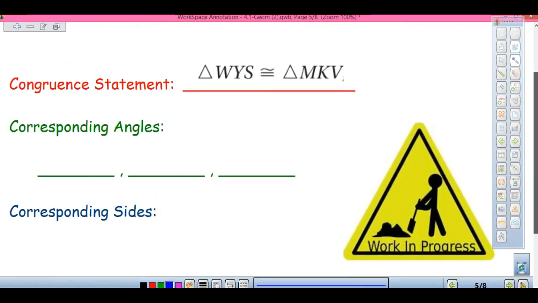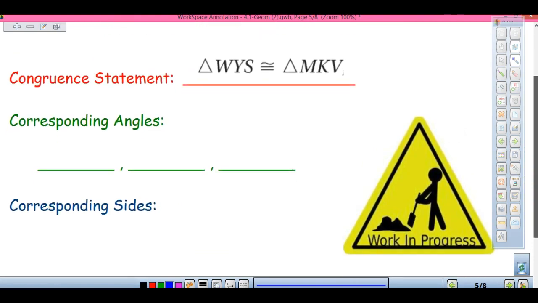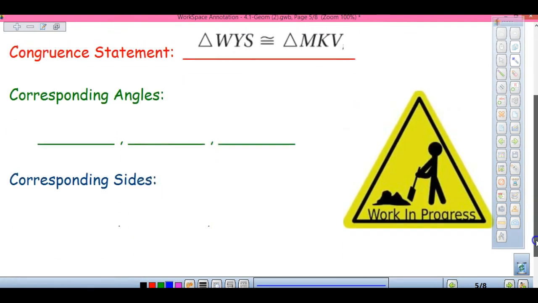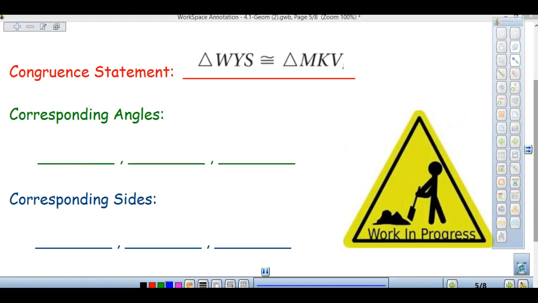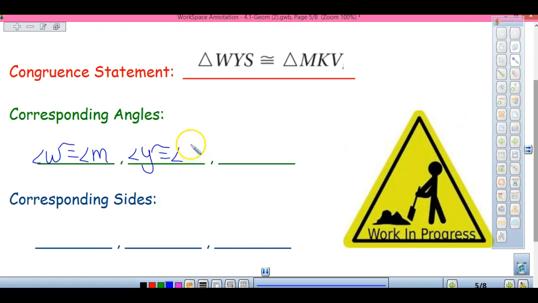We're given our congruence statement. Based off of that, angle W is congruent to angle M. Angle Y is congruent to angle, and angle S is congruent to angle V. If we're going with sides, we can go with the first two letters.